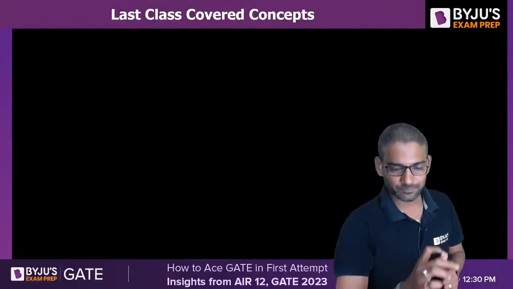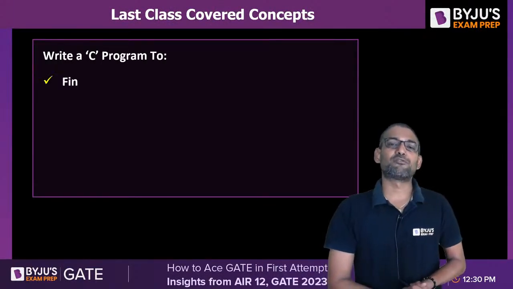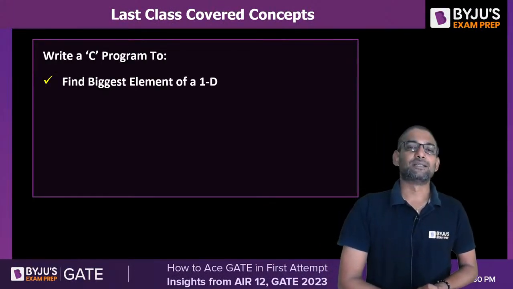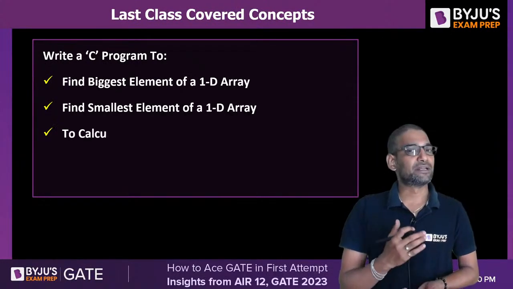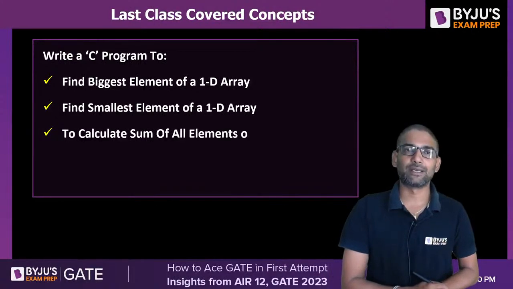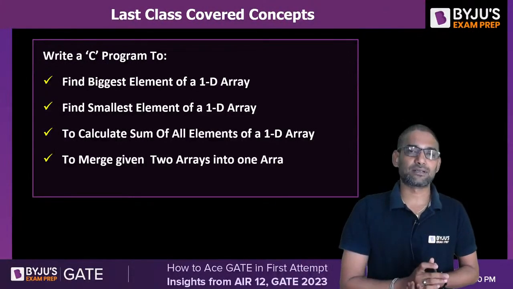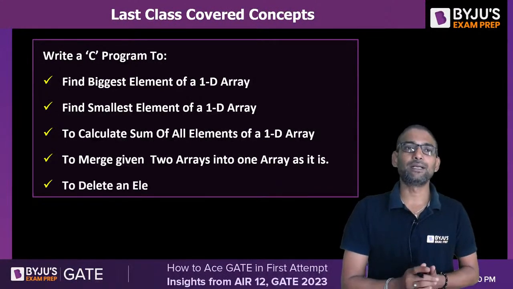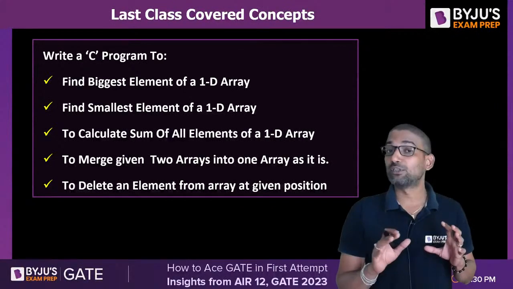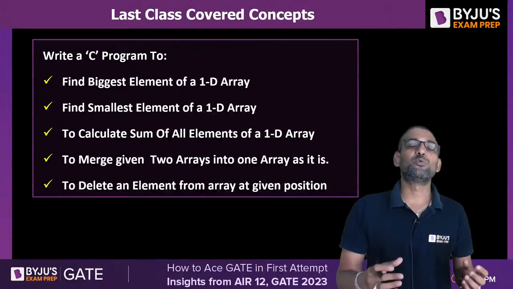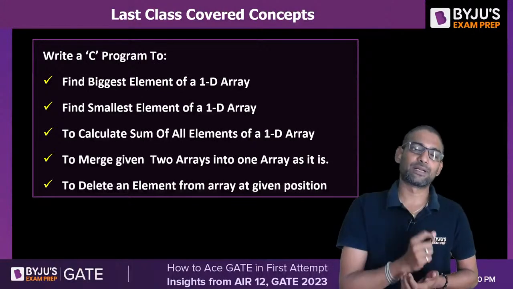Okay. So in the last class, 5 useful programs of one-dimensional arrays we have learned. They are finding the biggest element of 1D array, finding the smallest element of 1D array, how we can find sum of all elements of 1D array, how to merge two arrays into one single array without sorting, and how we can delete an element from the given position. These 5 programs we have seen.